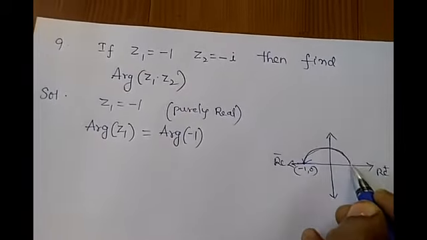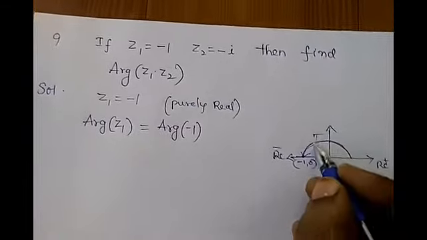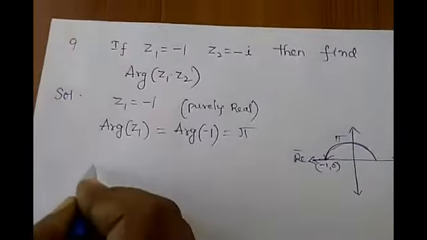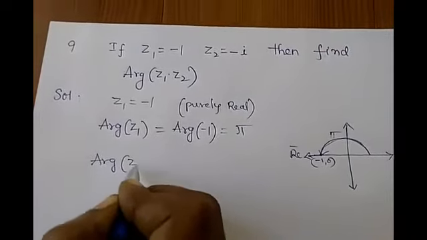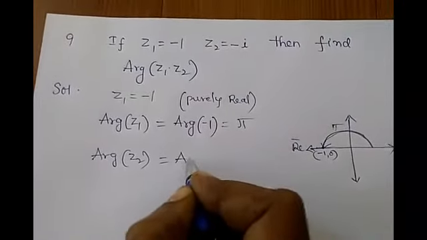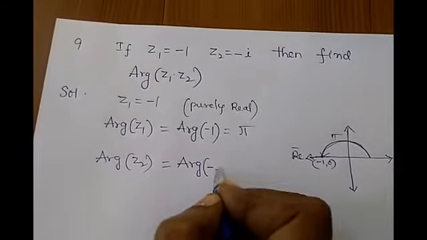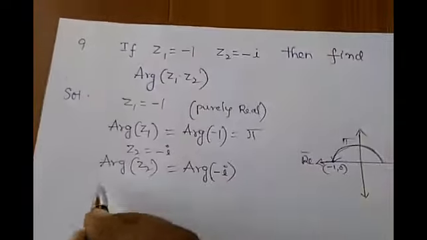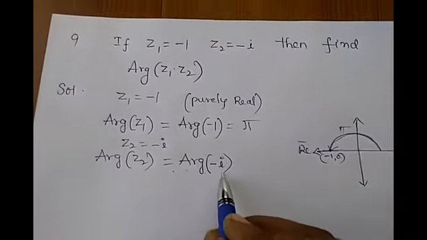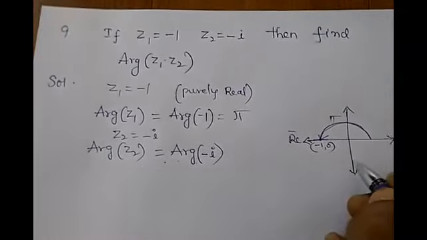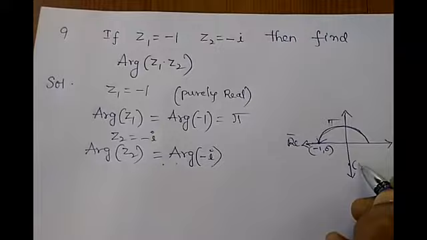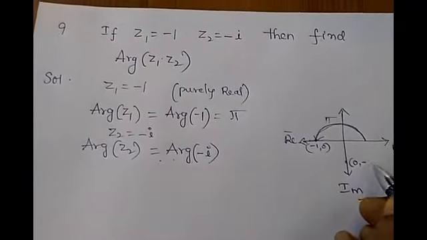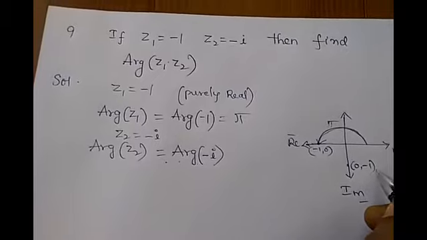So what is the argument here? Pi. Okay, so argument of minus 1 is pi. Argument of Z2 means argument of minus i. Given Z2 is minus i. So Z2 lies on the negative imaginary axis. The point is 0 comma minus 1.